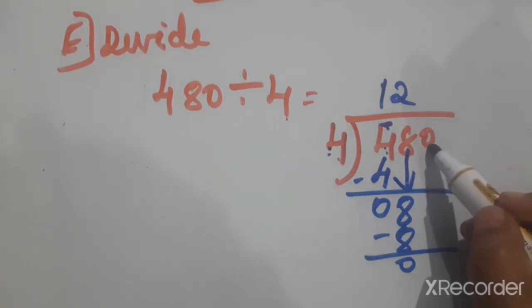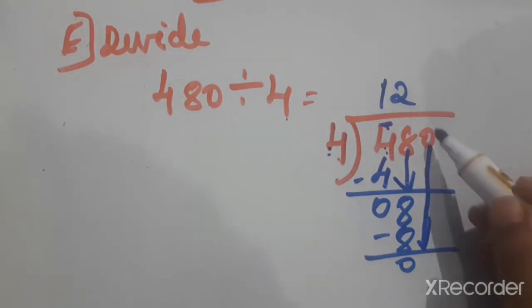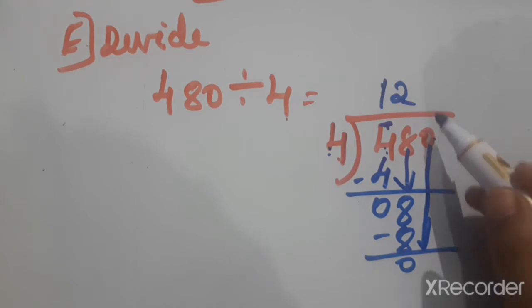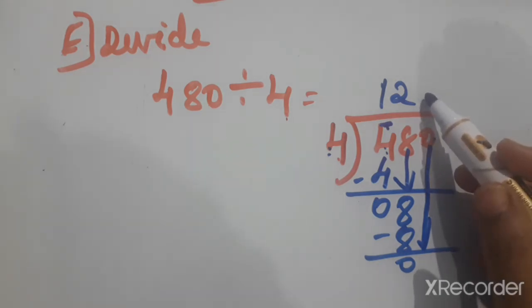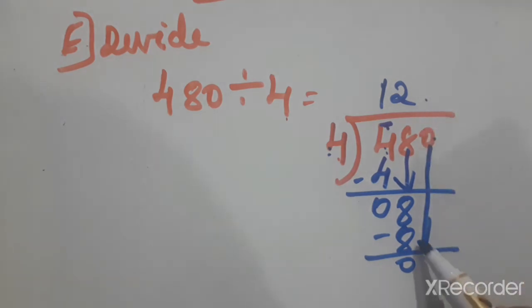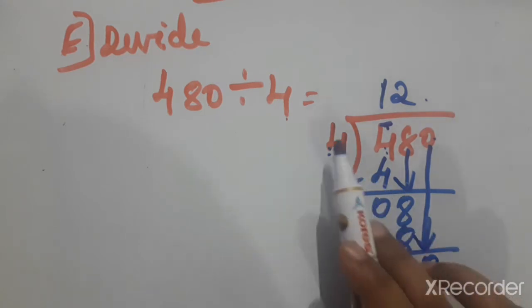Now this 0, we have a value. One method, we can directly take this 0 into here or bring down that 0. Now 4 how much are?